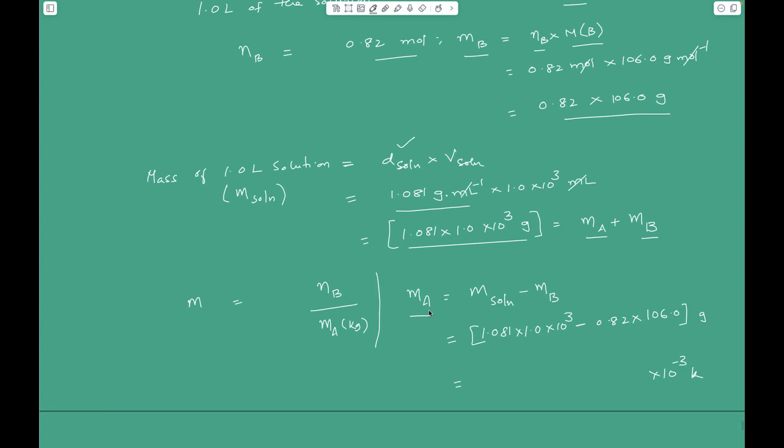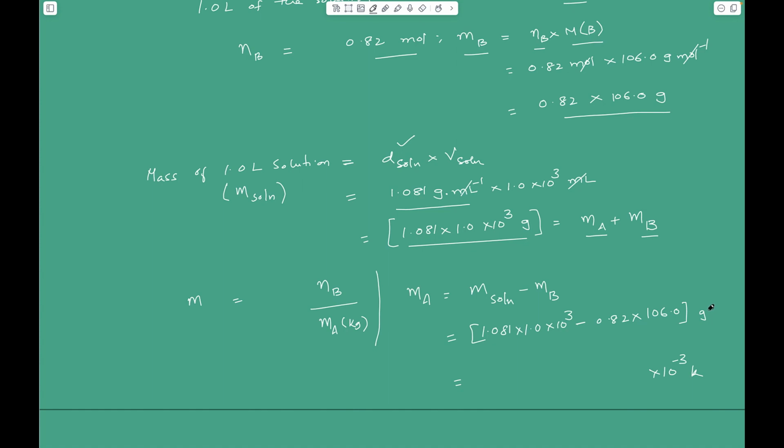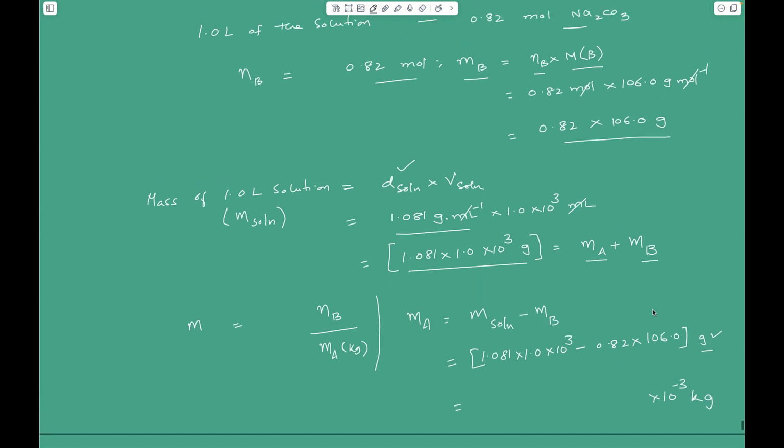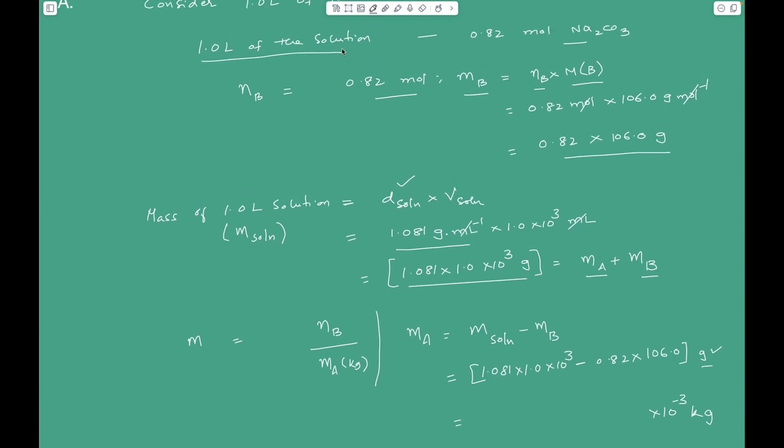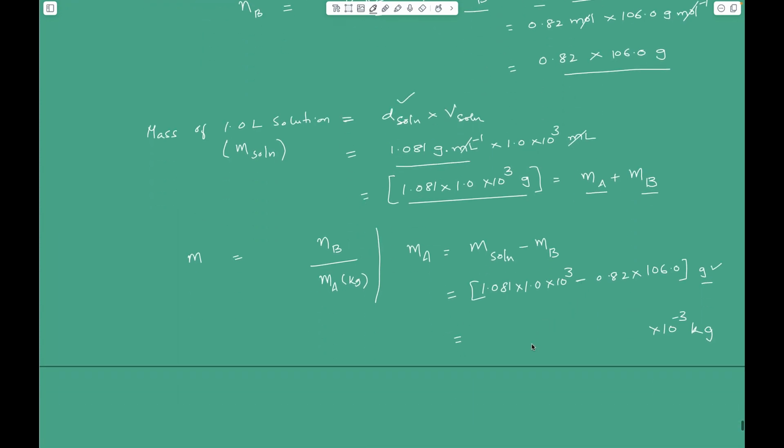So the mass of water is the mass of the solution minus Mb. This is the mass of the solvent, that is water in this case, in grams. To convert it into kilograms, multiply it by 10 to the power of minus 3. So in 1 liter of the solution, there is 0.82 moles of the solute and so many kilograms of the solvent.